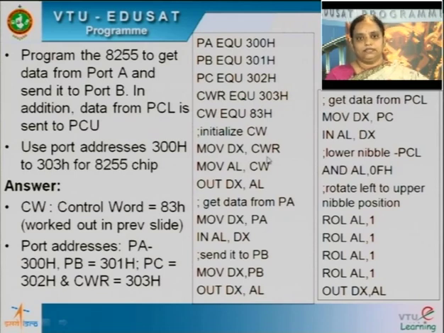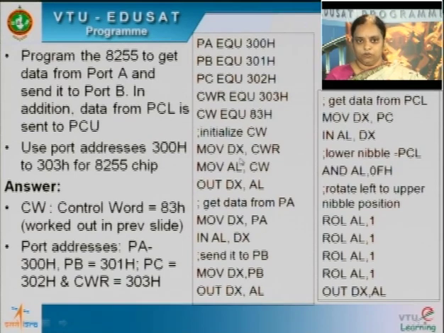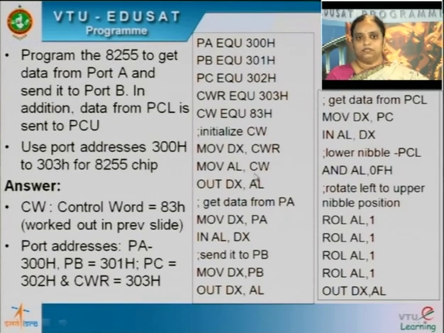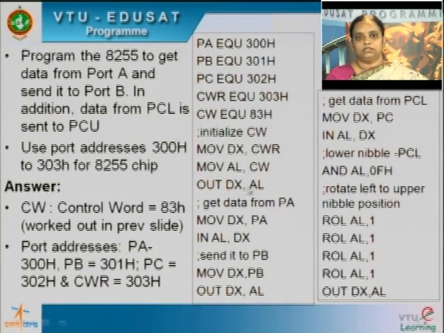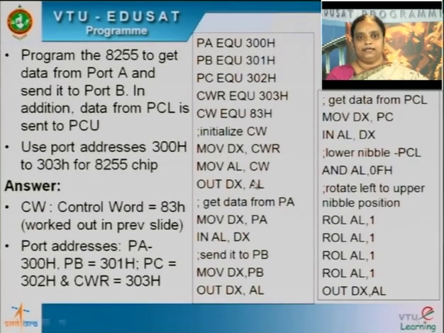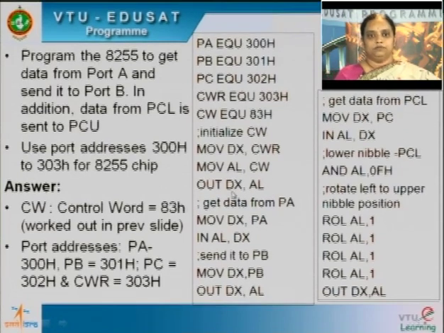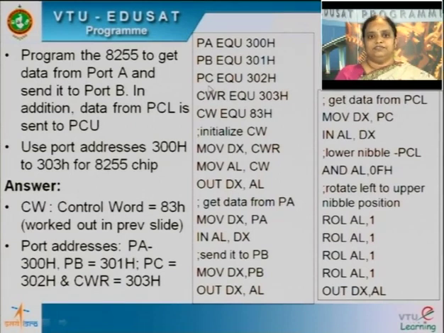So the 16-bit address 303 is moved into DX. Then AL is having CW. CW is the control word, that is 83, that is moved into AL. Now this instruction OUT, destination comma source, the AL contains 83, moved into control word register. As soon as this 83 is moved into control word register, the ports are configured.